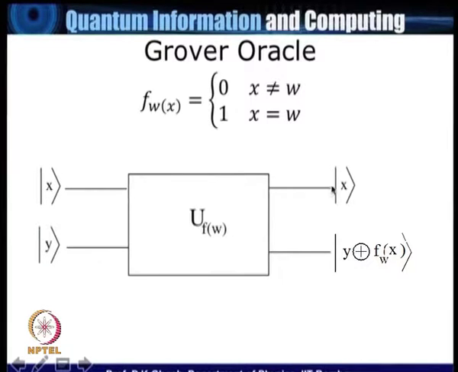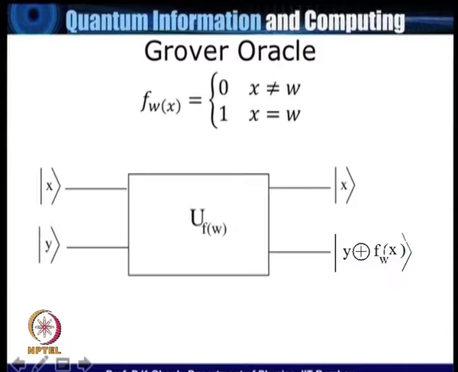The first line is still input without any change, but the target bit, which was y, becomes y plus the function that you have calculated, so that if y is the null string, then you simply get f of W, and if y is 1, then you get the complement of that.